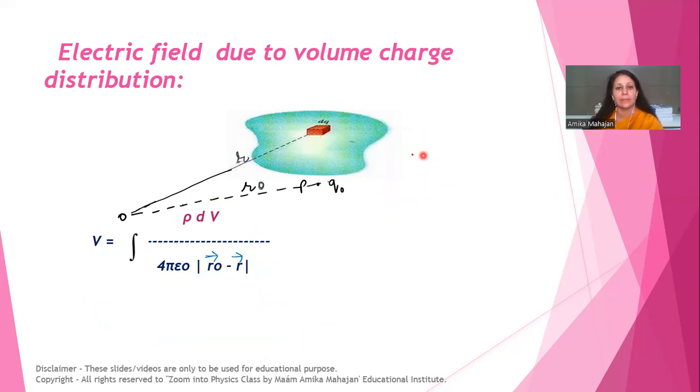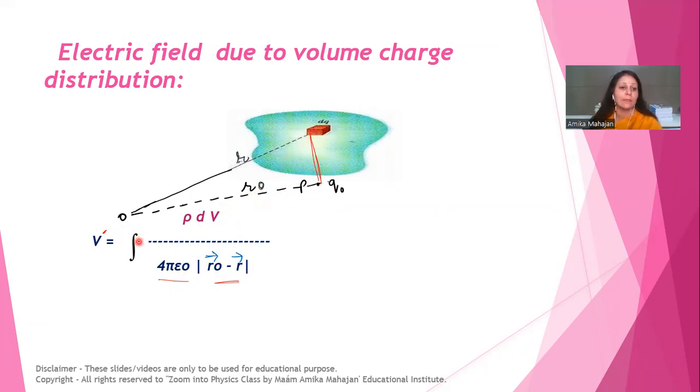Now, to find potential at point P, I consider it to be V dash because I have already taken V for the volume of this distribution. Now, we know that potential is given by charge on this element divided by 4 pi epsilon naught, magnitude of r naught minus r, the vector which is drawn by joining dq and q naught.